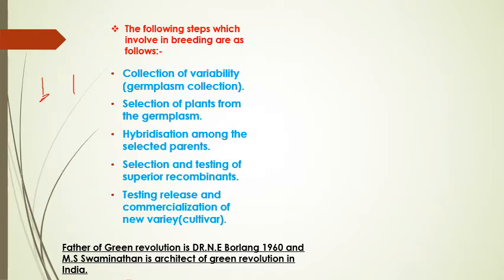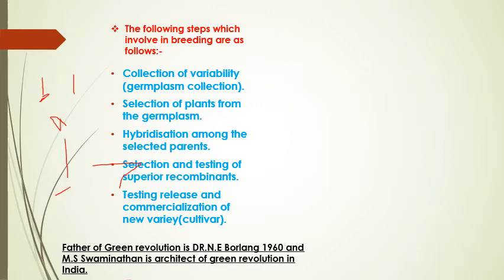That's why they are combined. When they are combined with the help of the hybridization process, they make a new recombinant plant. So this process is known as the plant breeding technique.